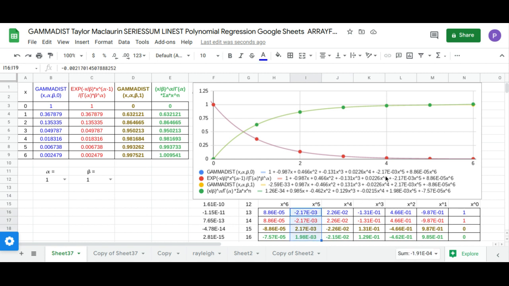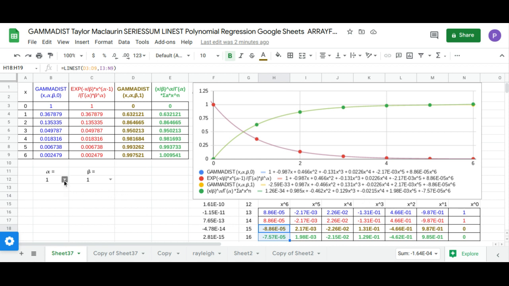That's 2.17 times 10 to the minus 3 negative, and it is 2.17 times 10 to the minus 3, and this is already 1.98. There's a slight error because this is only an approximation of n up to 16. And x to the 6, 8.86 times 10 to the minus 5, that's it. And this is minus 8.86 times 10 to the minus 5, minus 7.57 times 10 to the minus 5.